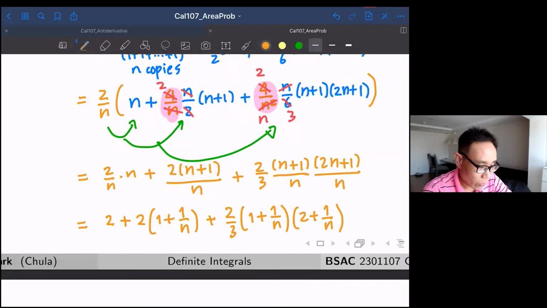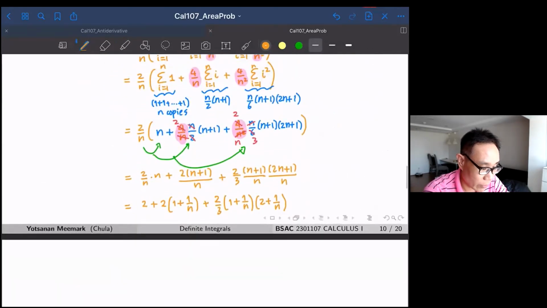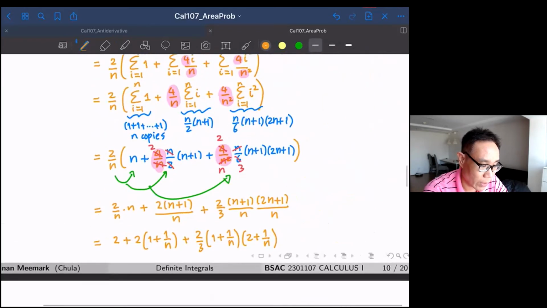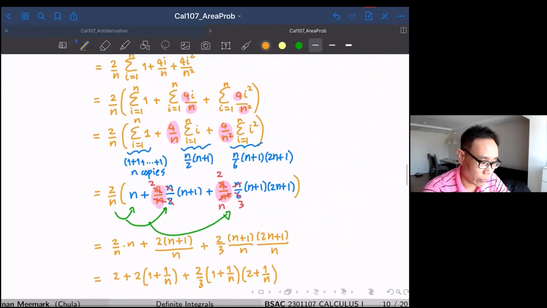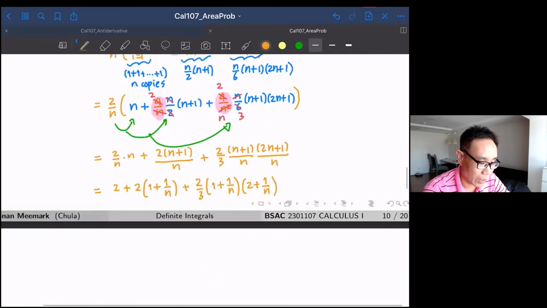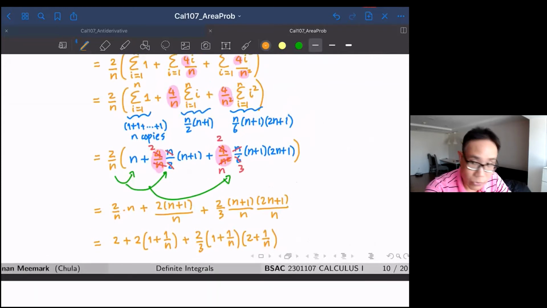Okay, so this is my S n star. If you don't have enough space, you may use the space above here, but I already have my S n star nicely.